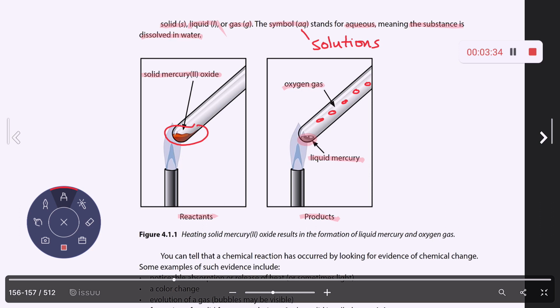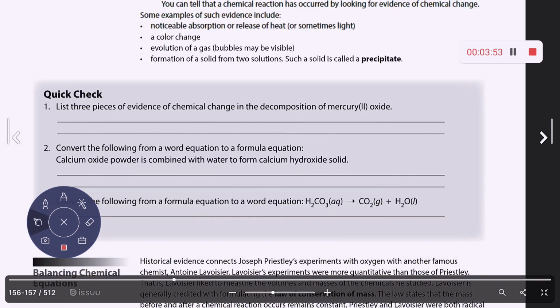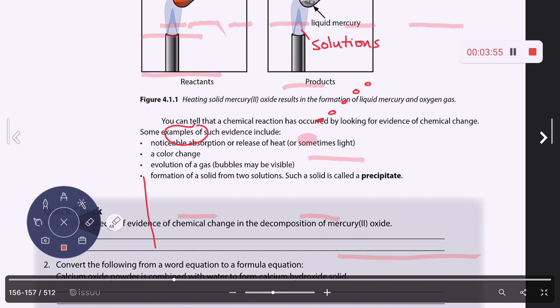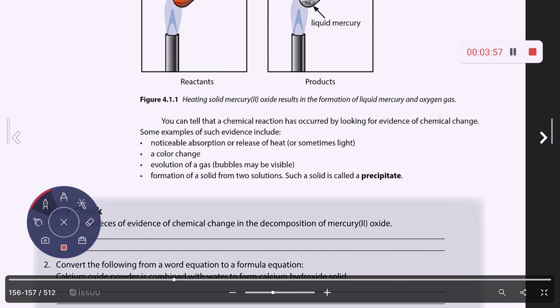Okay? The reason I'm going over this is because anytime a chemical reaction happens, you're going to be looking for evidence of some sort of a chemical change. We've actually gone over this before in a couple of labs that we've done. So let's take a look at the different forms of evidence for a chemical reaction. So you definitely want to memorize these, okay?